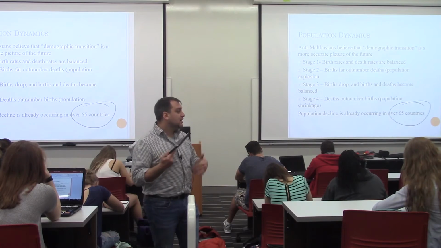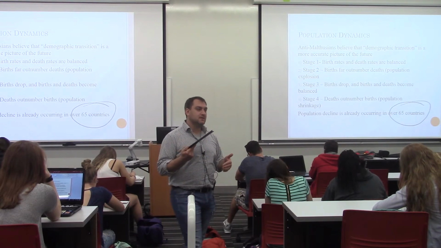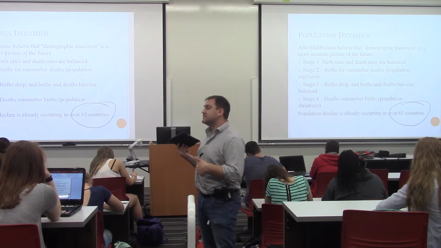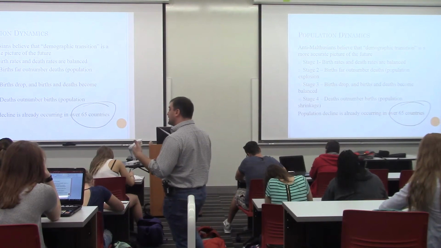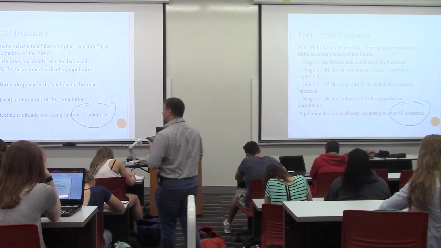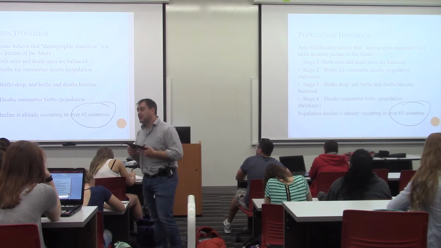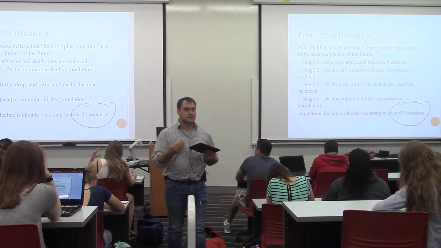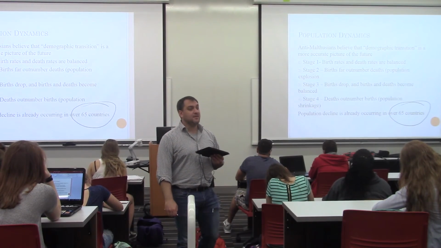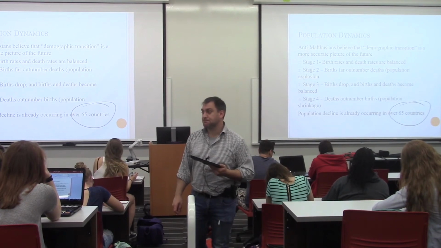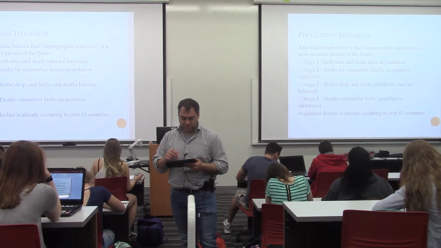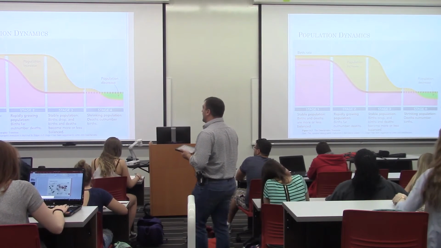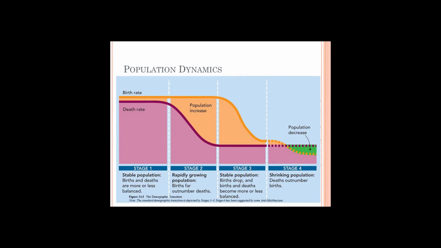So in the United States, in a lot of ways, we're blessed by having a robust migrant population because we're keeping our growth rate slightly above 0, and we are continually able to replenish the people who are dying off and the lack of people having children. So this is just an illustration of population dynamics.